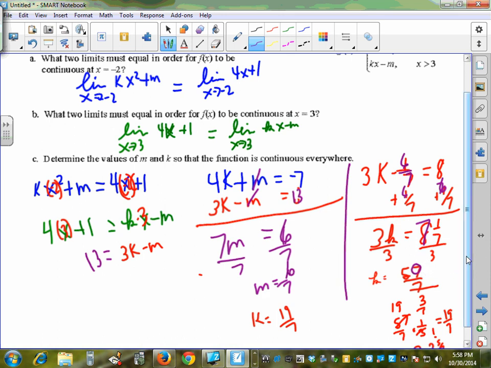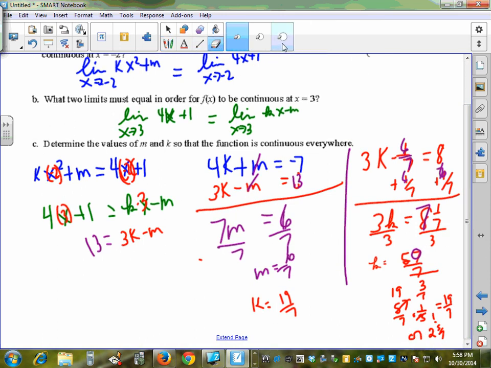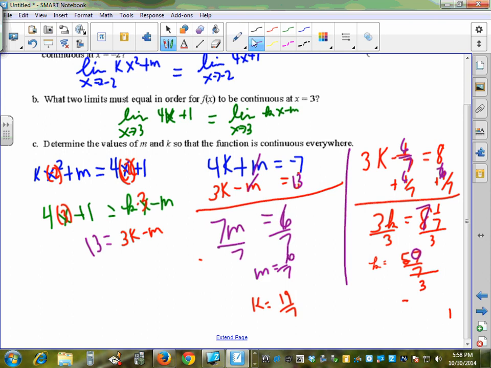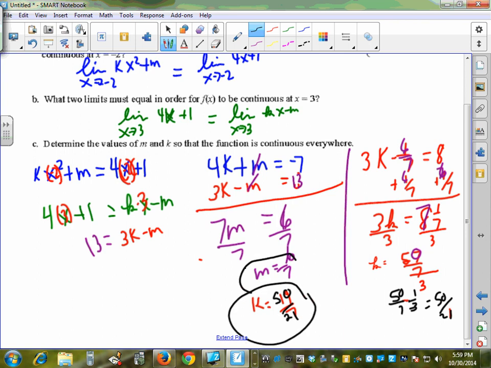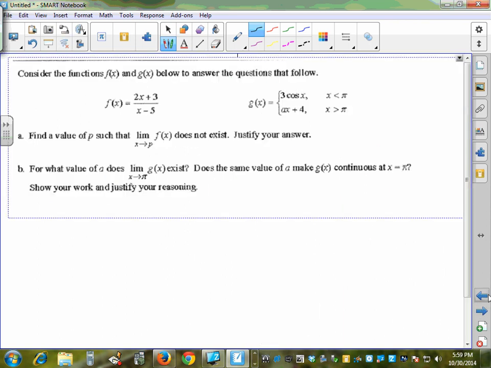Divided by 3. So 57 times 1/3, 50 over 21. Okay. Well, all right. Last one, thankfully.